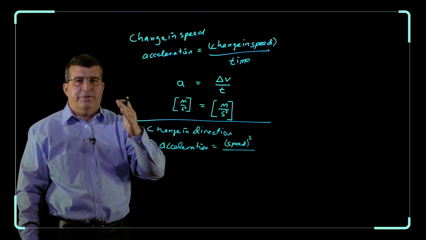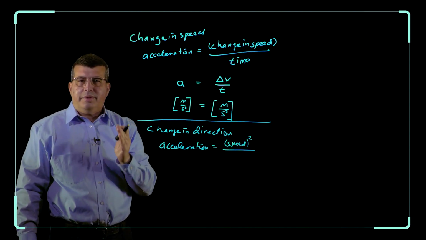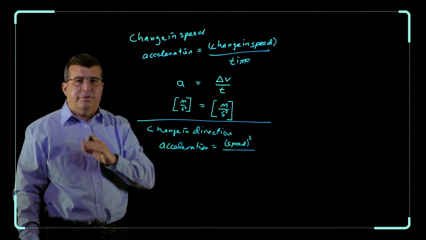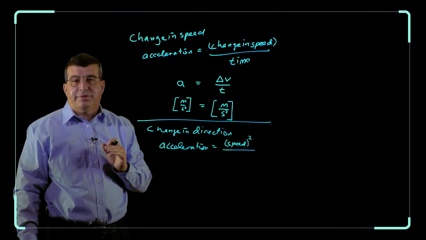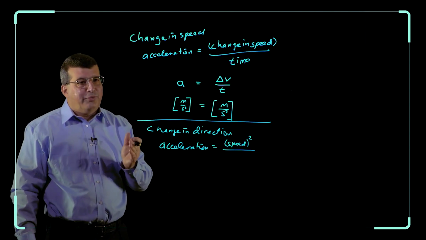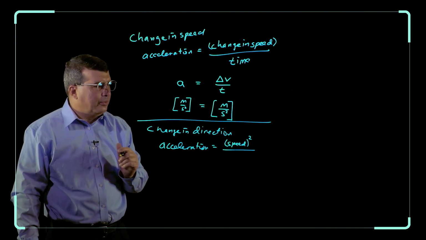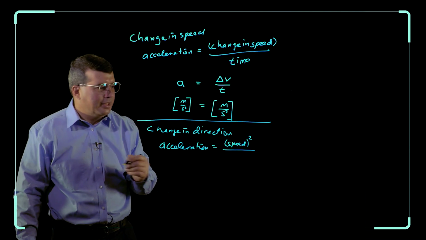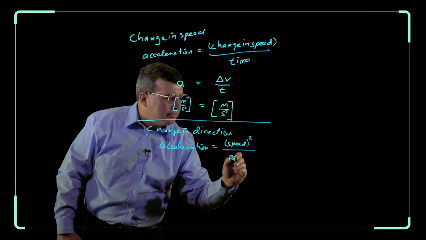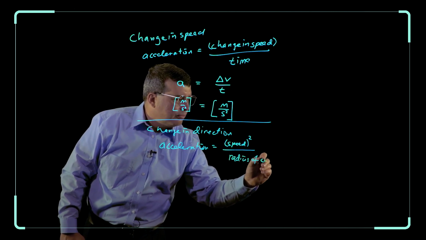As your car turns, if you were to keep turning and not straighten up, your car would go in a circle. And the acceleration depends on the radius of the circle that you're making. Now, you don't have to go in a full circle. As long as you're going on an arc of a circle, you can still calculate the radius of that circle. And I'll give you an example of that later. So speed squared over radius of the circle.